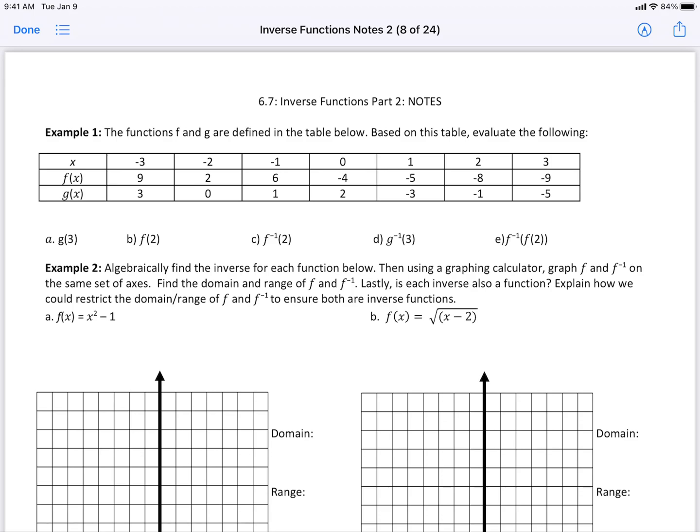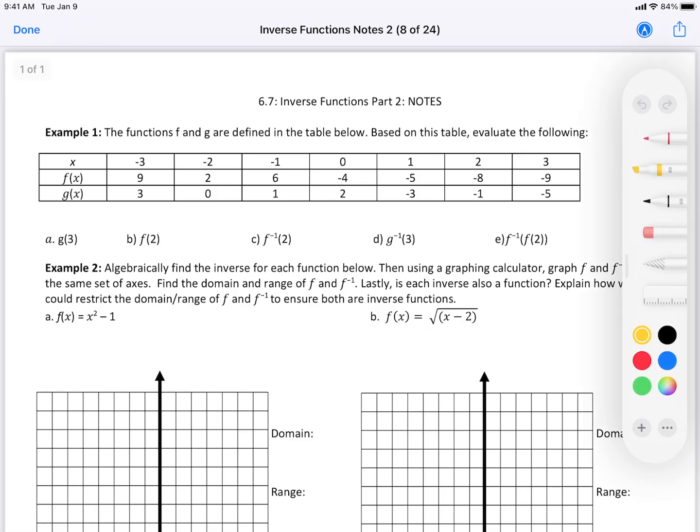We have functions f and g, and we're saying they're functions because if you look at the inputs, -3, -2, -1, 0, 1, 2, 3, those are the values of x. I'm going to use a little highlighter, green for this one and blue for this one.